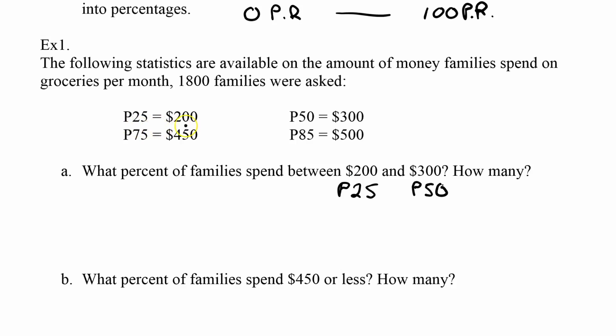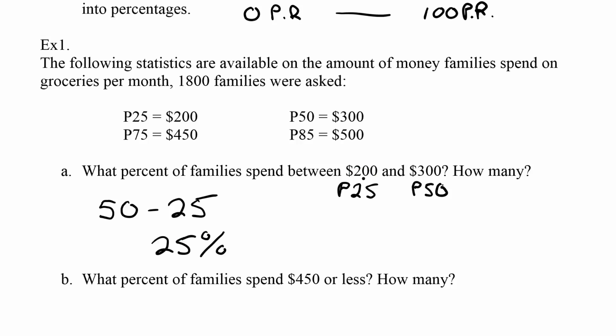So basically what I'm asking is what percentage falls between 25 and 50. So I take my larger percentage, subtract my smaller percentage, 50 minus 25. Well, 25% of my families are spending between $200 and $300.